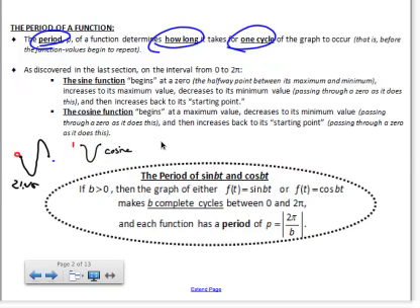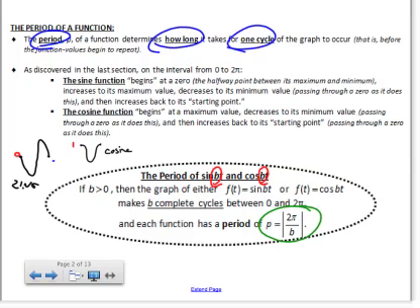Okay, well now we're going to talk about how to adjust the period of sine and cosine. If you see a number right here as the coefficient of your angle, then that is going to change how long your period is, how long it takes for one cycle to occur. So the period is found by the absolute value of 2 pi, the standard length for sine and cosine, over b.